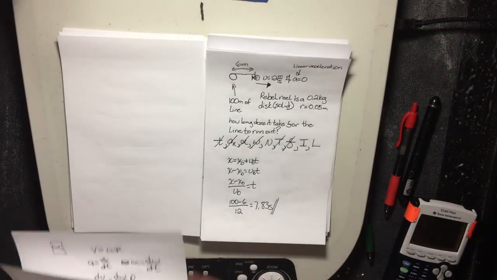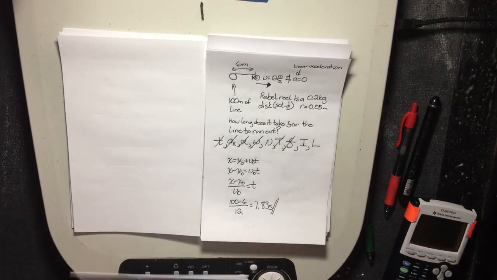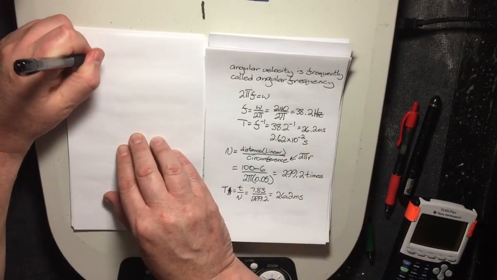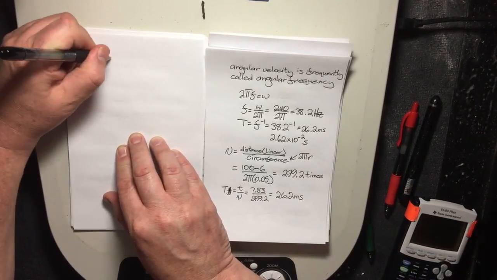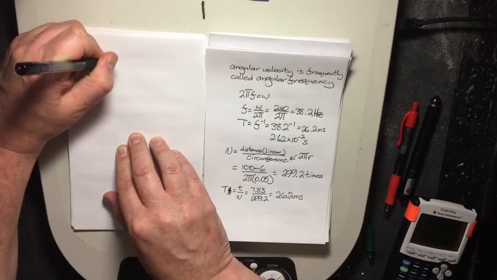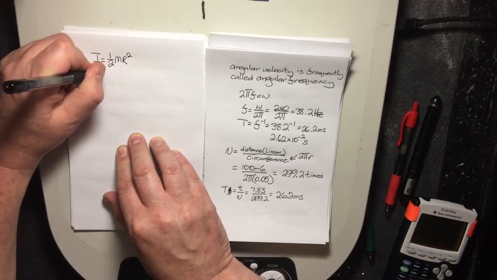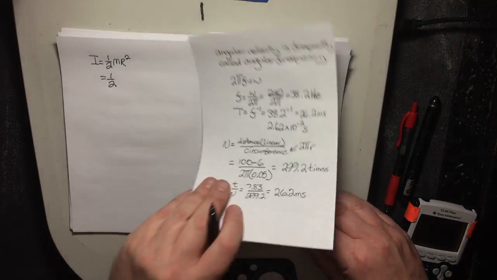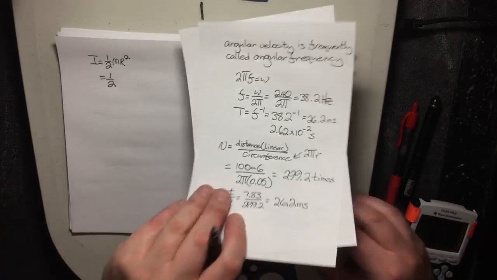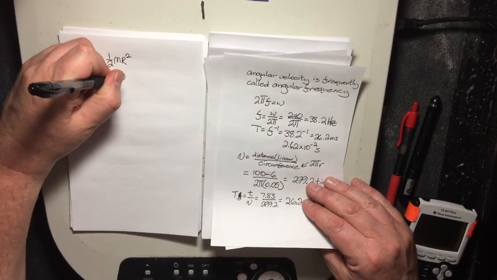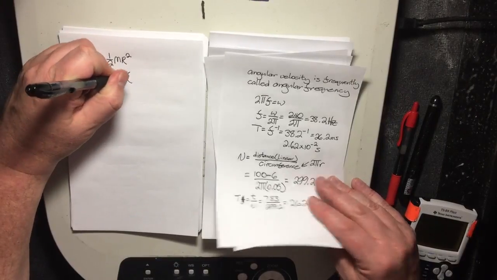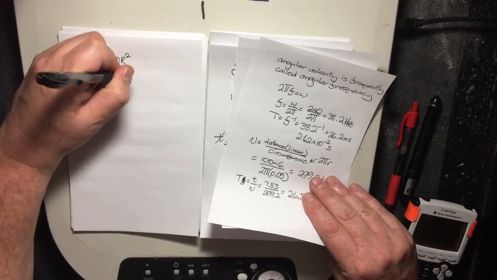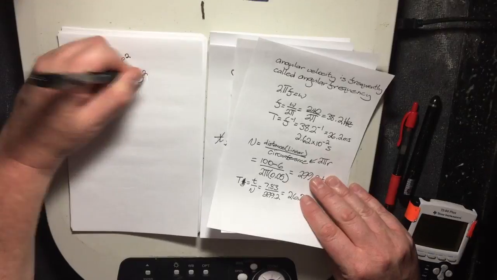Let's look at the list. Oh, I and L. Moment of inertia of a disk is 1/2 mr squared. M was 200 grams, I think, of the disk. Yeah. 0.2. The radius was 0.05 squared.